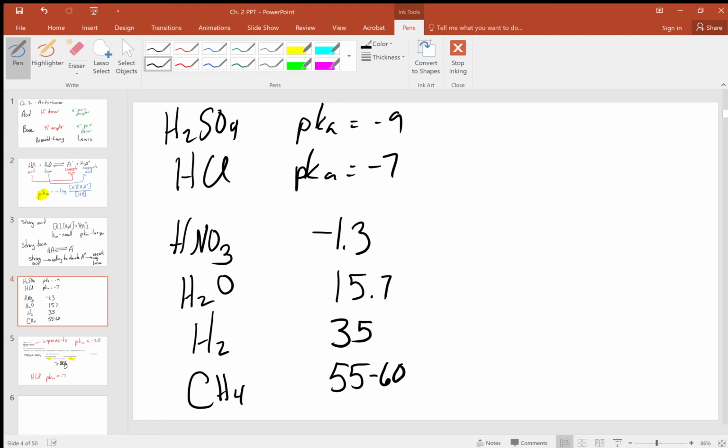So this scale is logarithmic, but it's a huge scale. As you can see, we can range from superacids of pKa of minus 25 to hydrocarbons, which can have pKa's upwards of 60.